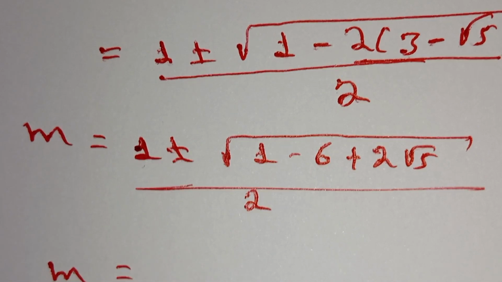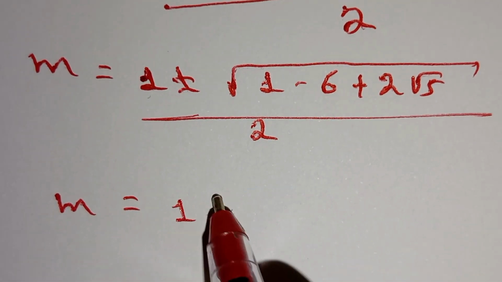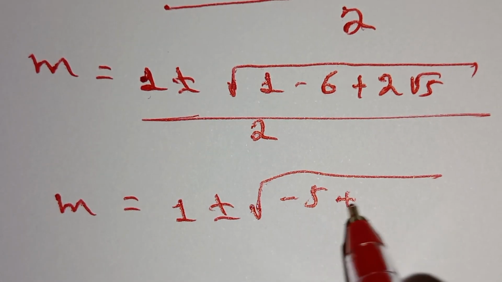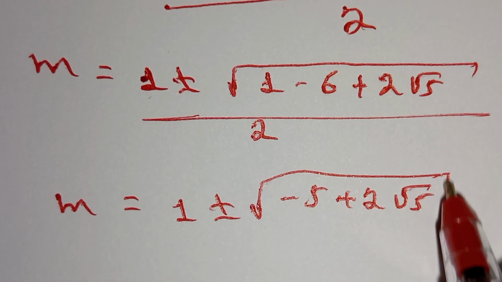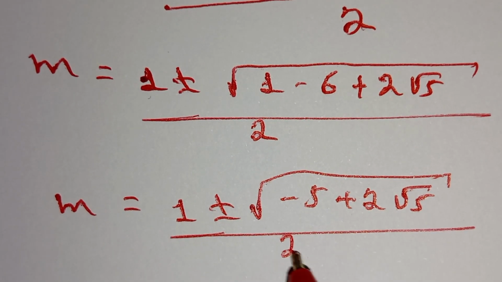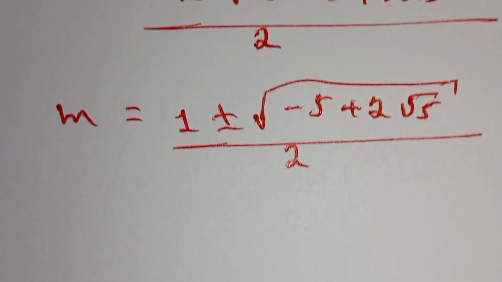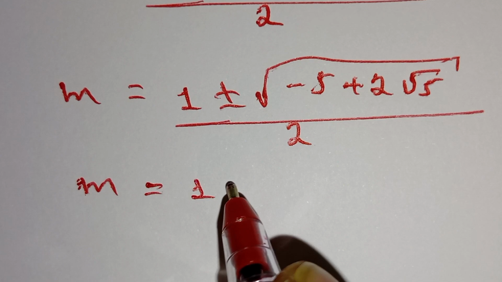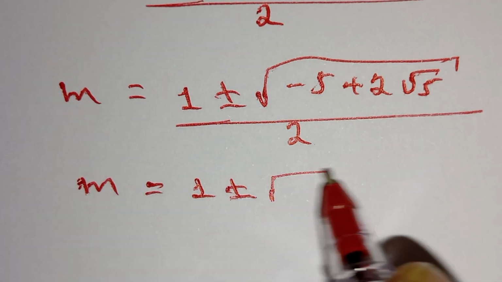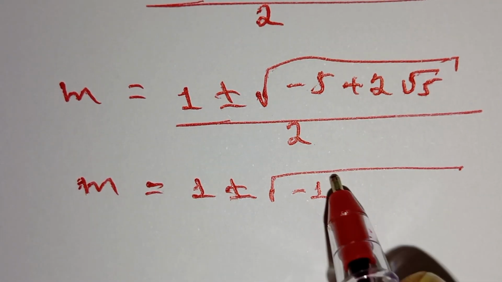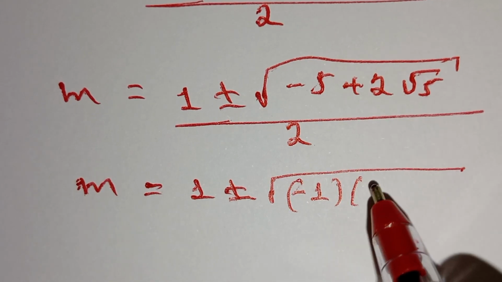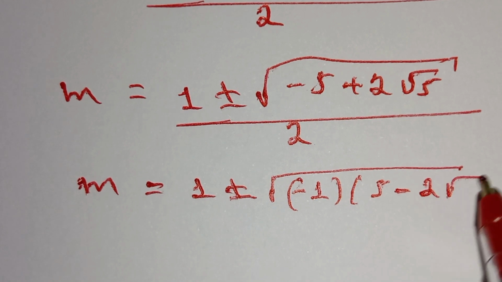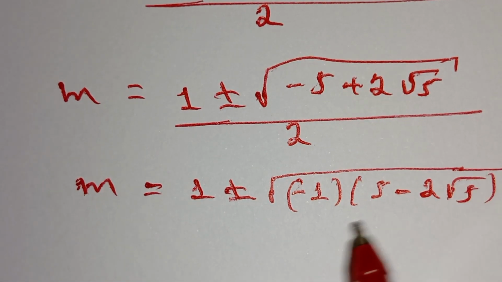This m is equal to 1 plus or minus the radical of 1 minus 6 minus 5 plus 2 radical 5, over 2, and this becomes m is 1 plus or minus the radical of minus 1 times 5 minus 2 radical 5, over 2.